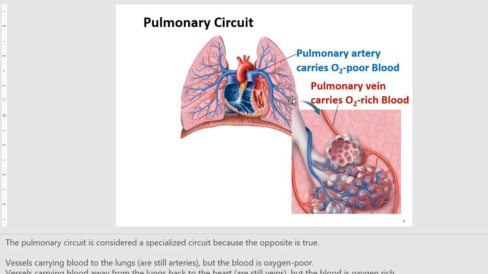In the pulmonary circuit, the pulmonary artery carries oxygen-poor blood, and the pulmonary vein carries oxygen-rich blood because the lungs have oxygenated the blood before it returns to the heart. So that's the difference in the pulmonary circuit, is that an artery and a vein, they don't carry the same level of oxygenated blood as in the systemic circuit.